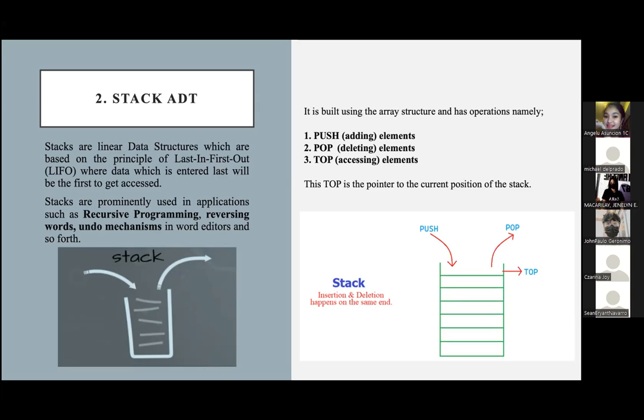Ang nauuna po dito ang lagi ay yung push. Kasi po yung push siya yung unang papasok pero siya yung huling lalabas. Pero ang huling lalabas naman is yung top. Parang palitan lang po. Push ang unang papasok and top yung unang lalabas. And yung pop siya yung deleting elements.